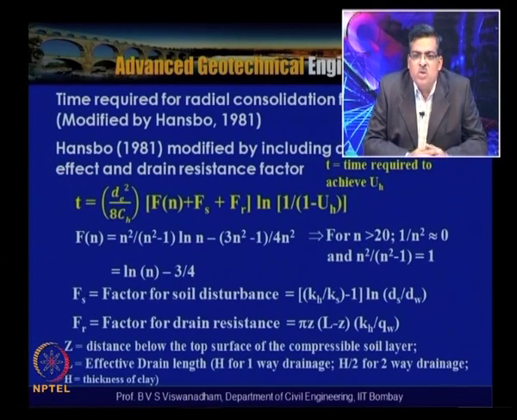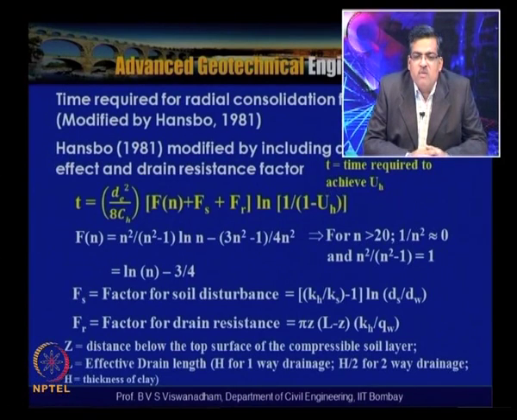So 1/n^2 is close to 0, and n^2/(n^2 - 1) tends to become 1. Because of that, F(n) is simplified to ln(n) - 3/4. So F(n) is given by ln(n) - 3/4, or 0.75.